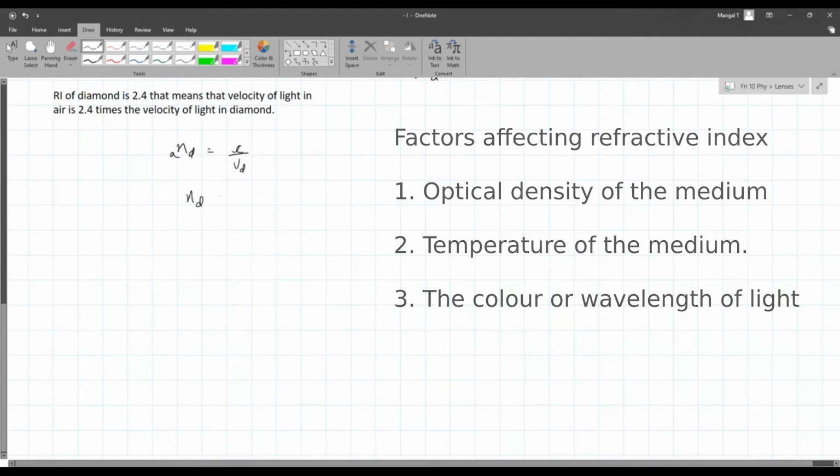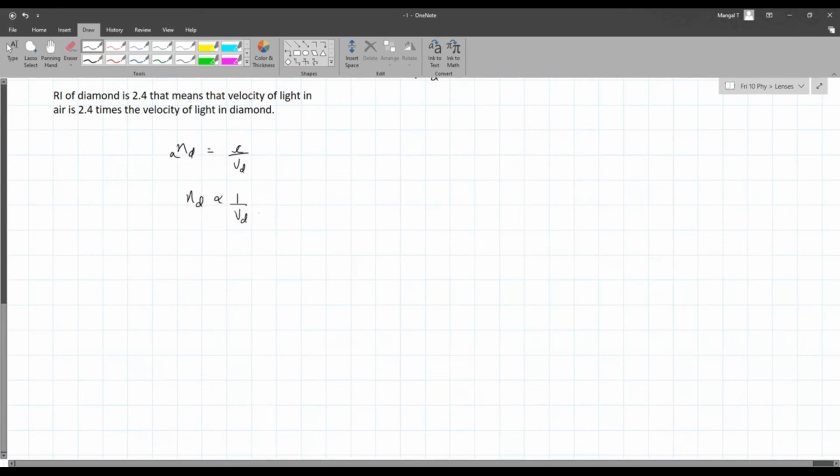That means refractive index is inversely related to the velocity of light in that medium. If velocity increases, the refractive index will decrease. If the temperature of the medium increases, then the velocity is increasing, which means the refractive index will decrease.